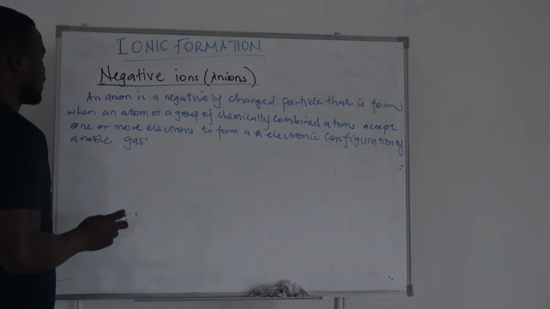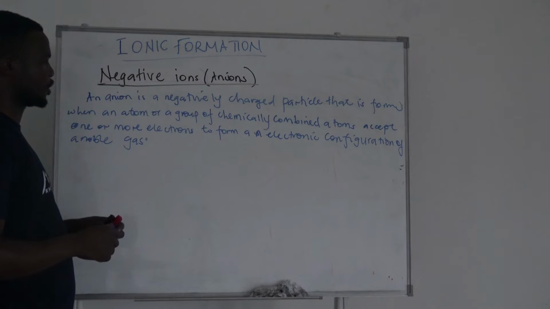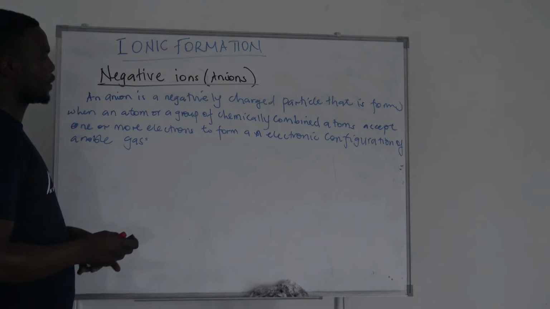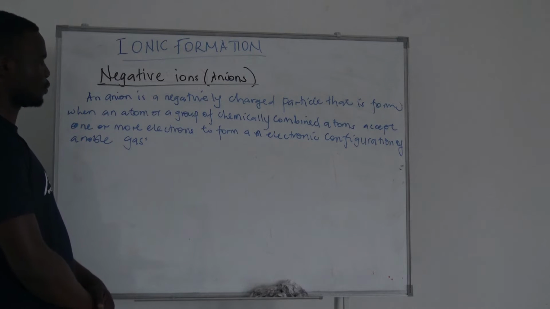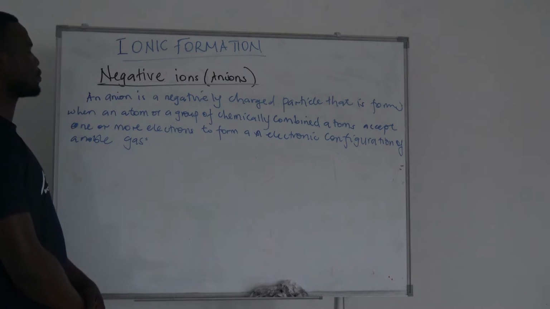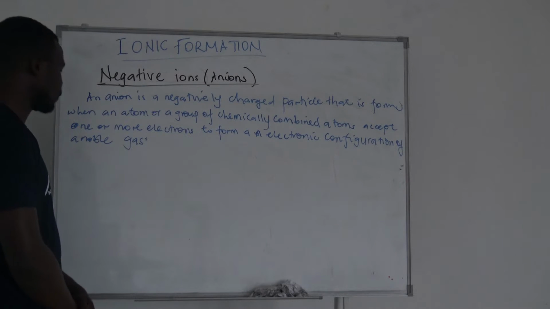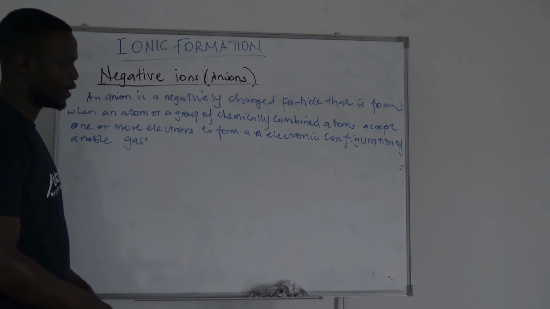There we shall say that that is an anion. We have said an anion is a negatively charged particle that is formed when an atom or a group of chemically combined atoms accept one or more electrons to form an electronic configuration of a noble gas.